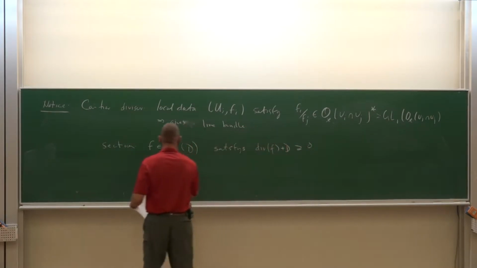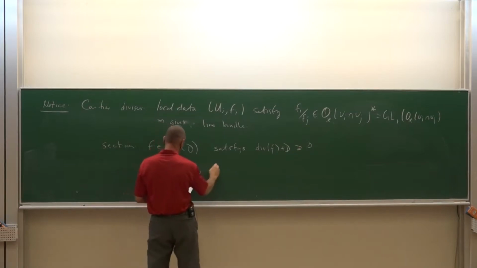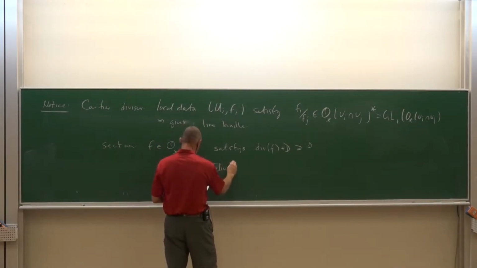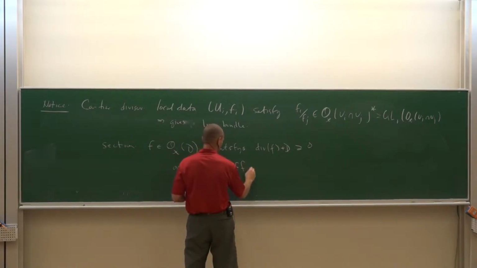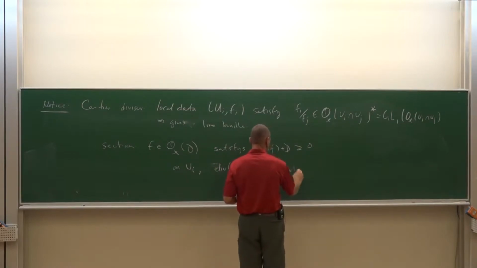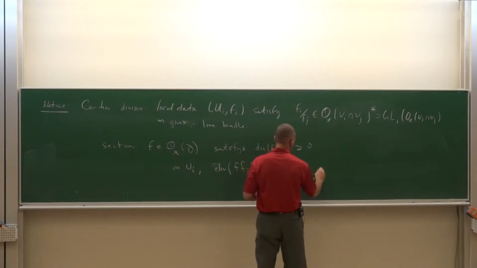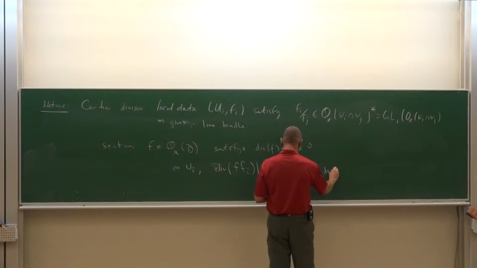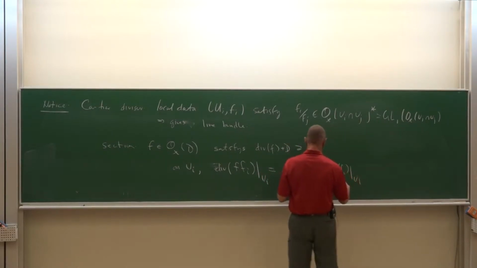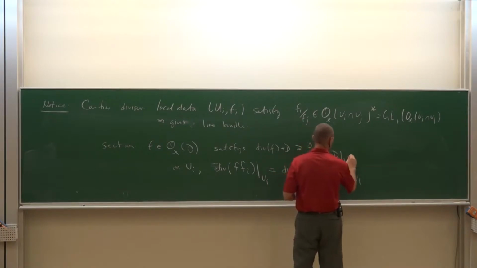So on U_i, we have div(f_i) on U_i equals div f on U_i plus div of f_i restricted to U_i, and this is going to be my D restricted to U_i.